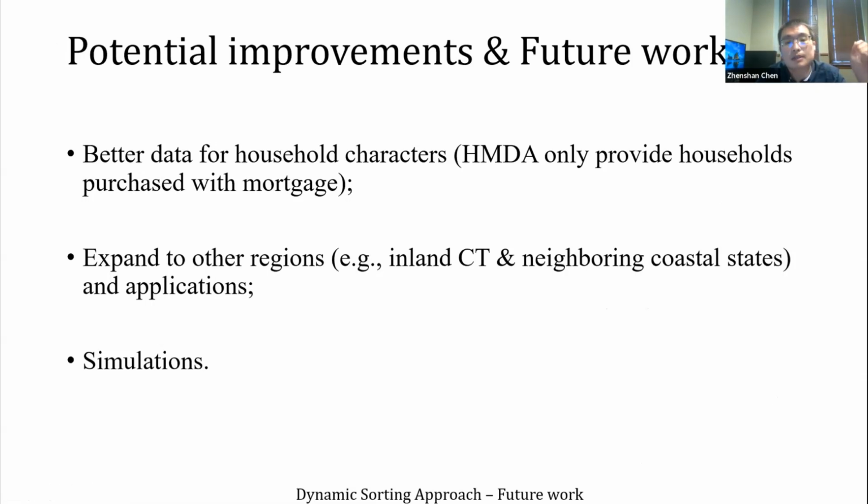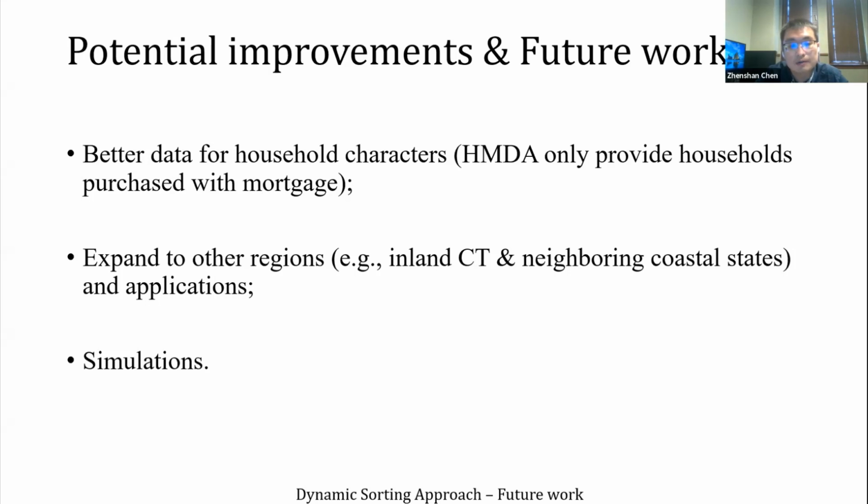So, potential improvements and future work. I believe we can have some better data for household characteristics, since the home data only provide household purchases with mortgage. And we believe that home buyers without mortgage behave slightly differently compared with those with mortgages.